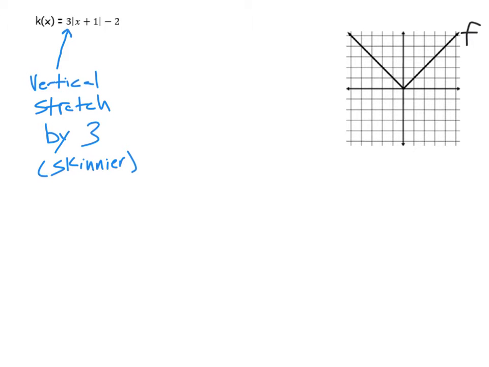Okay, you got a vertical stretch. Okay, these other two involve addition and subtraction, so now we're talking shifts. These were the rigid transformations, right? The 3 will make it skinnier. These other 2 will just move it, okay?